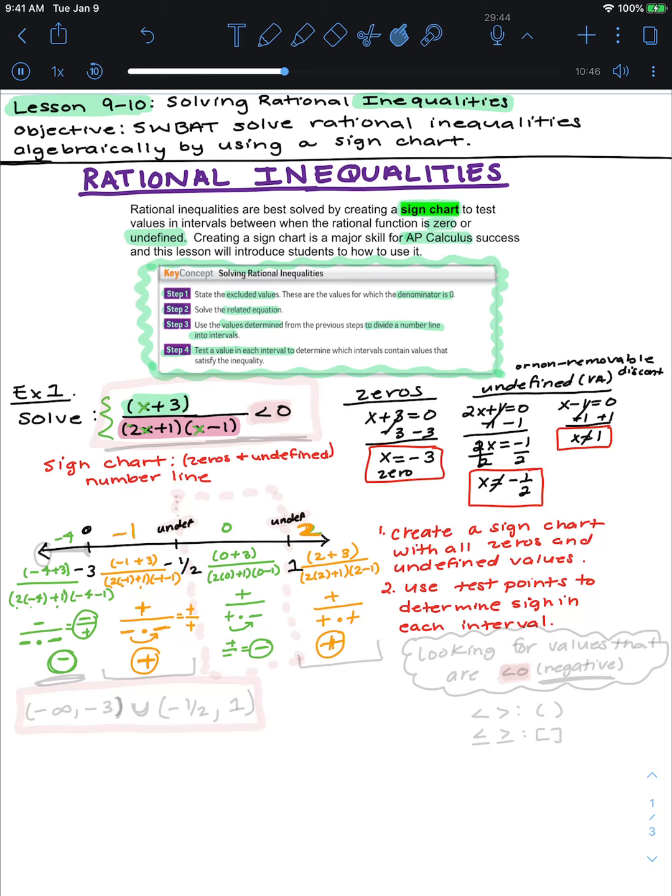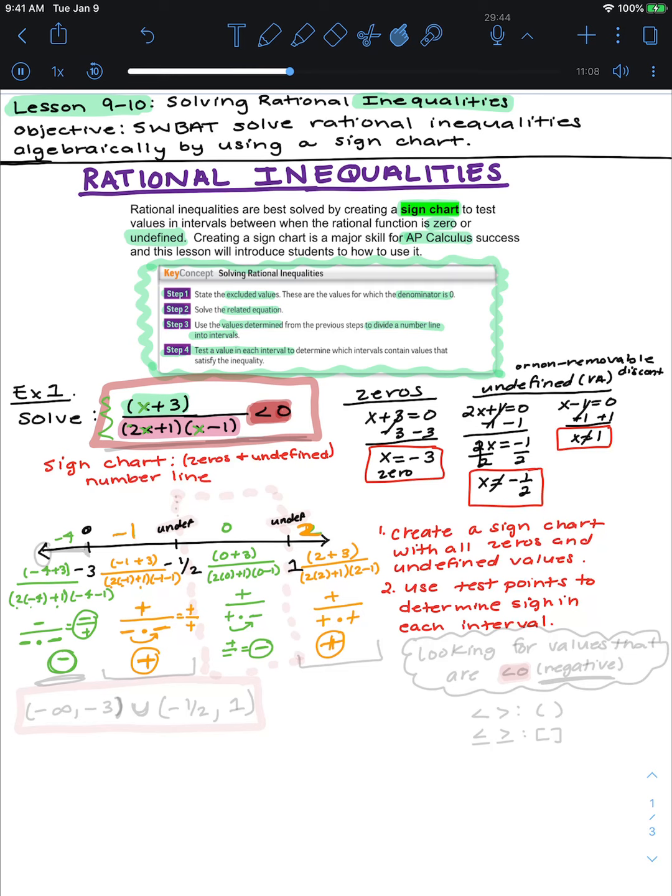So if you look at this here, this whole thing right here is my equation. Now, what this is asking for is for values that are less than 0, okay? So anything that is less than 0 is either going to be positive or negative, right?